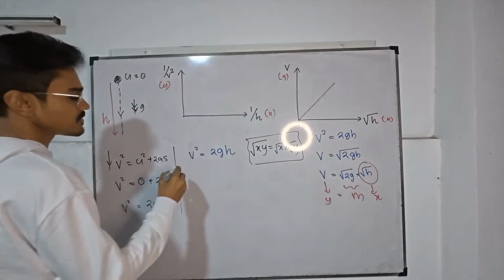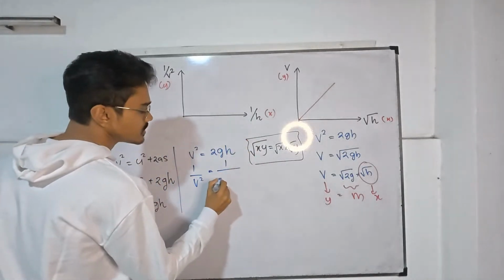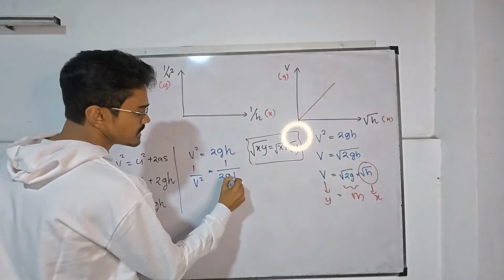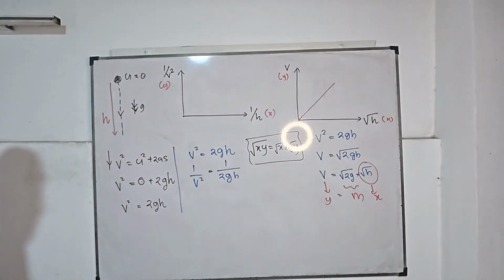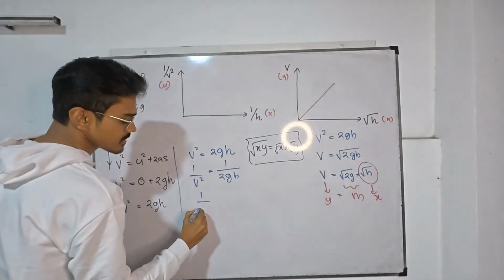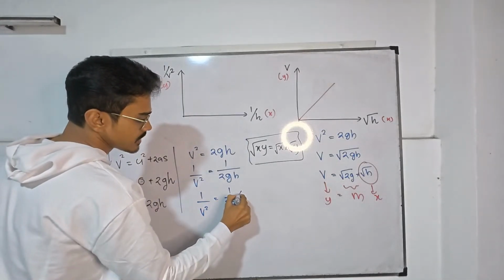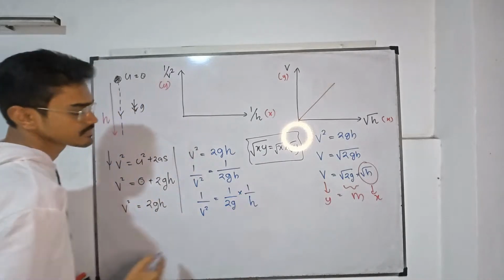So this can be written as 1 over v squared equals 1 over 2gh. Now, if I isolate 1 over h, this can be written as 1 over v squared equals 1 over 2g times 1 over h.